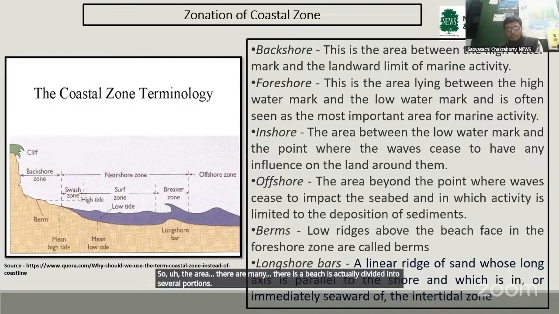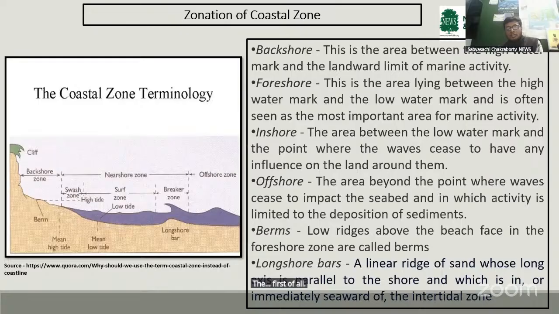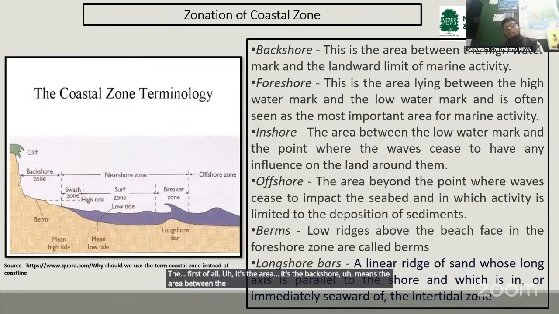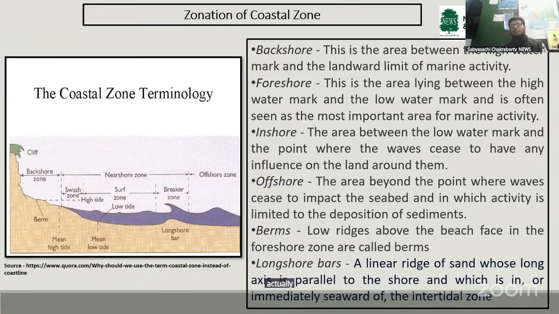First of all, there is the backshore, which is the area between the high water mark and the landward limit of marine activity. During high tide or spring tides, you'll find that the water reaches higher areas compared to when the intensity of the tides is less.